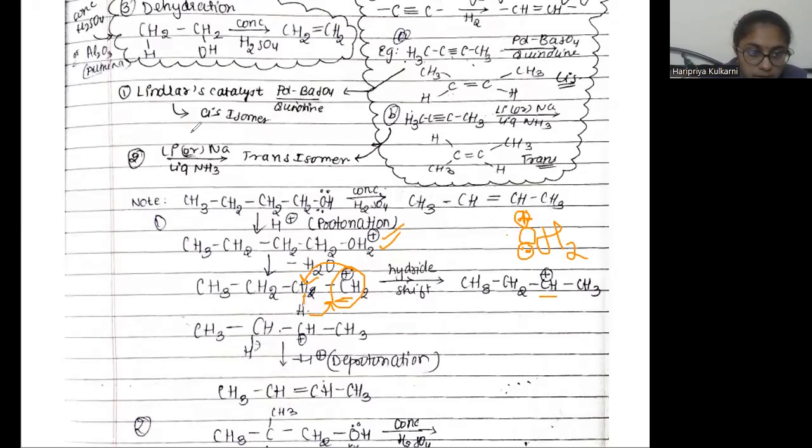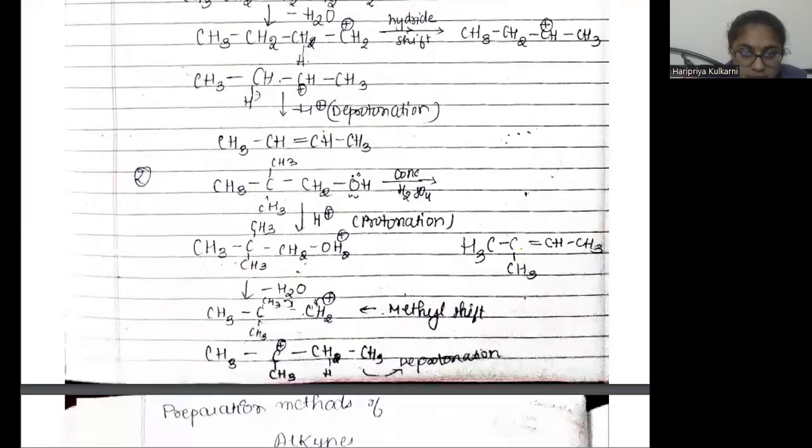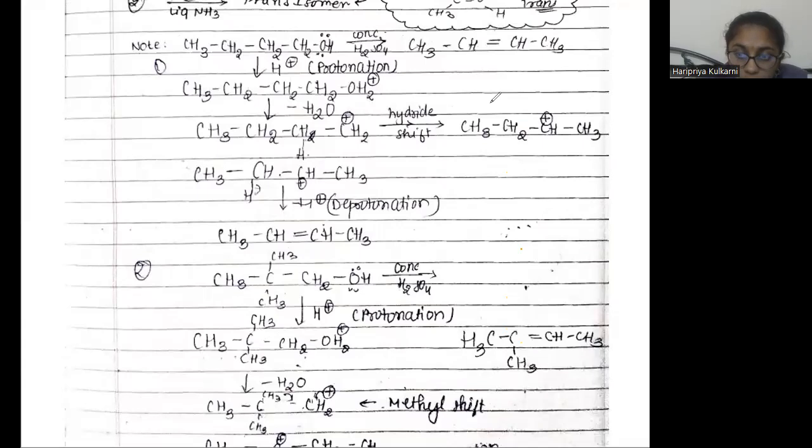After doing deprotonation, this plus charge will vanish, and we will get a double bond instead of the plus charge. So this is the product form.